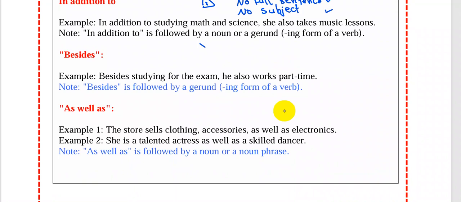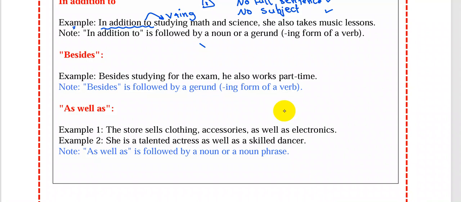Look at example number 1 here. In addition to studying math and science, she also takes music lessons. Here is in addition to, followed by what? Verb ing, which is a gerund.